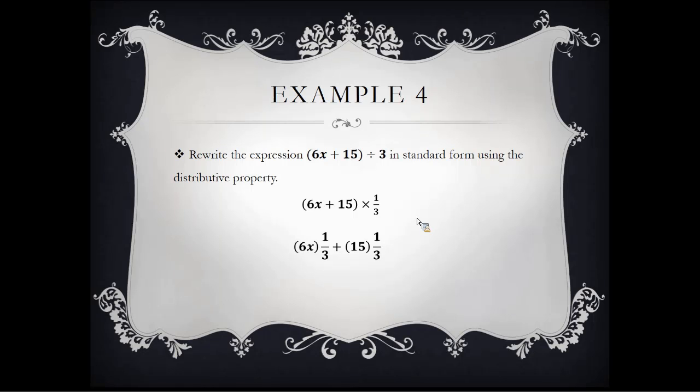Next, we want to distribute that 1/3 to both terms inside the parentheses. So 1/3 times 6x, 1/3 times 15. And if we simplify, 6 times 1/3 is 2. 15 times 1/3 is 5. We could look at that as 6 divided by 3, 15 divided by 3, and simplify our expression to become 2x plus 5.